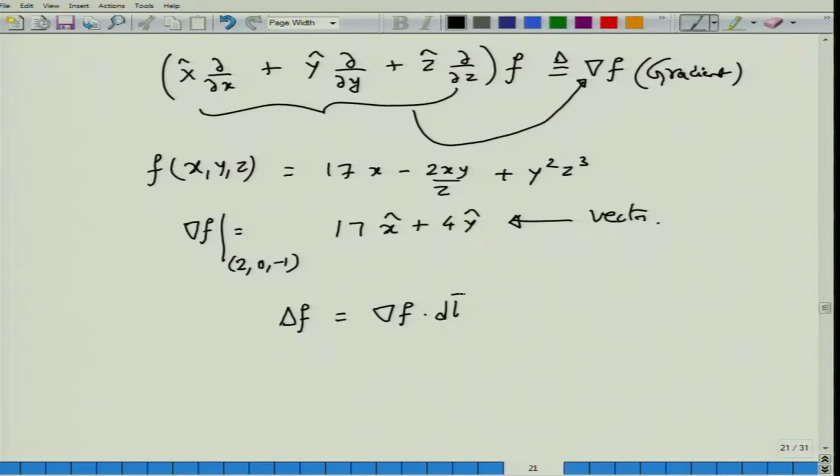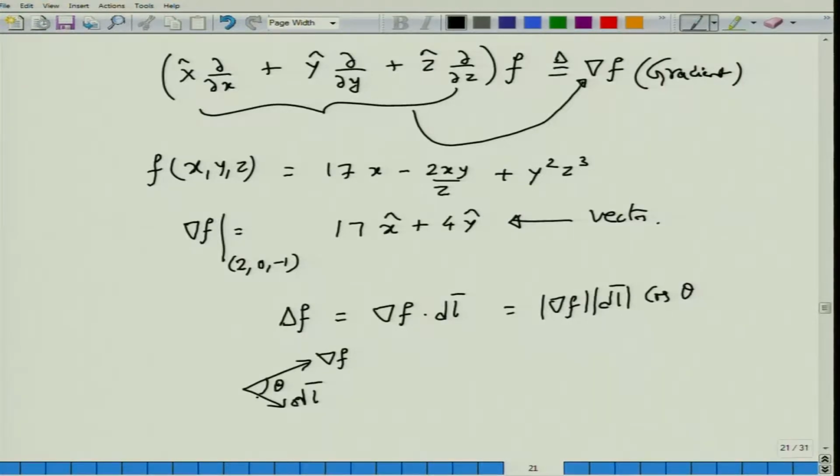This is a dot product, so I have the magnitude of del f, which is a vector, then the magnitude of the dl vector, and then cos theta, where theta is the angle between them. Let us say this line is del f, this line is dl, and this angle theta is the angle between these two quantities.